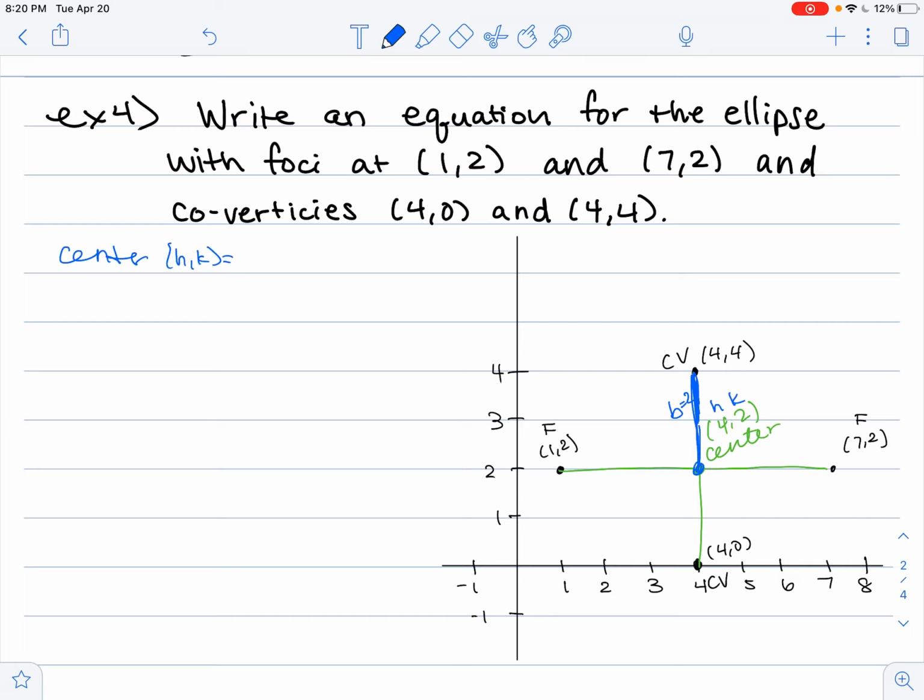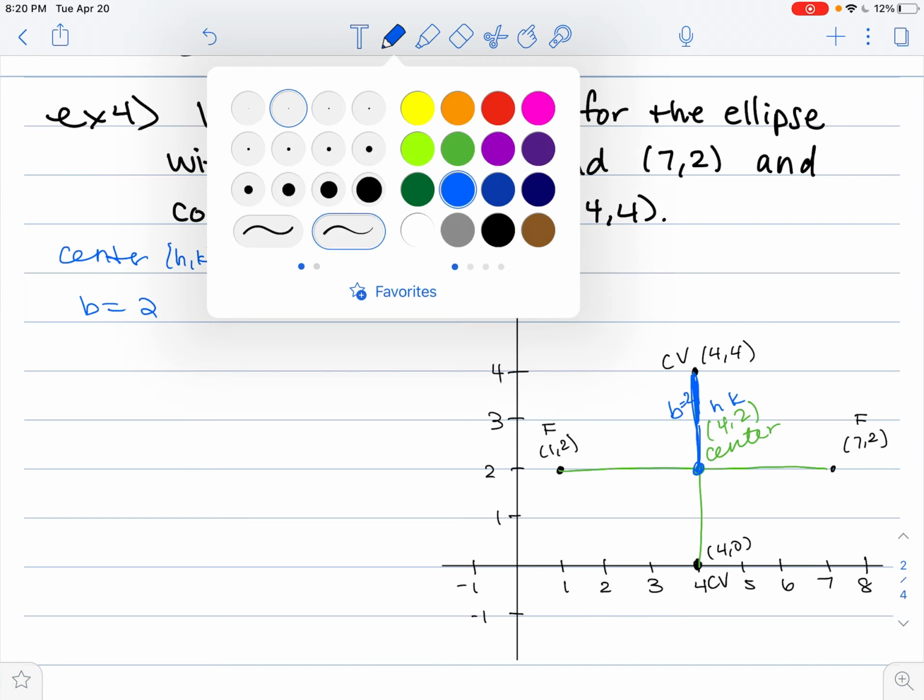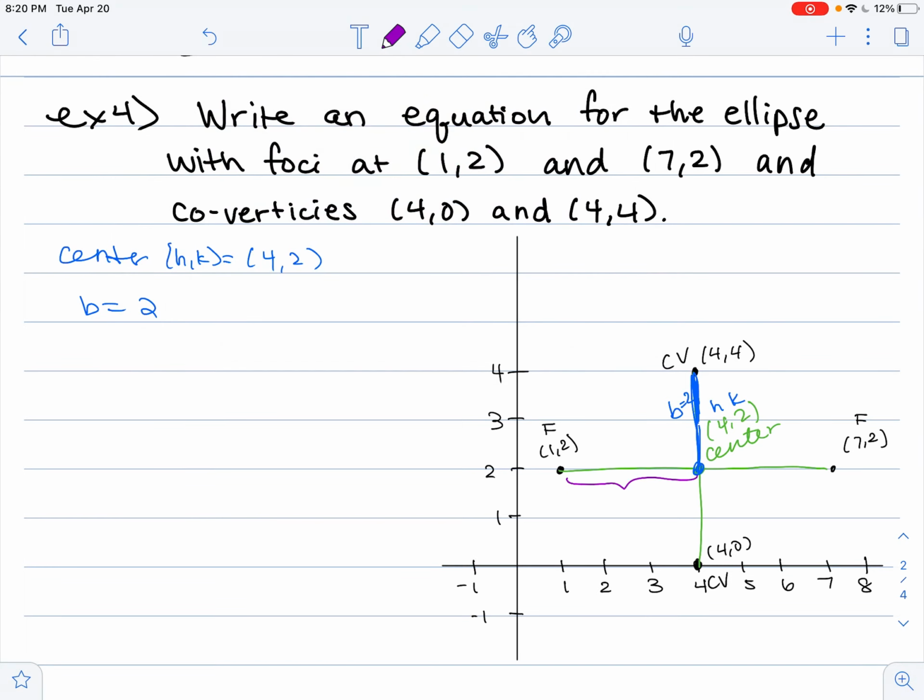So we've got the center, h, k equals 4, 2. B is 2, and we don't know A, but we do know the distance between the center and the foci, which is 3. So we know the distance c is 3. We do have a formula that's going to relate A, B, and C, where C squared equals A squared minus B squared.